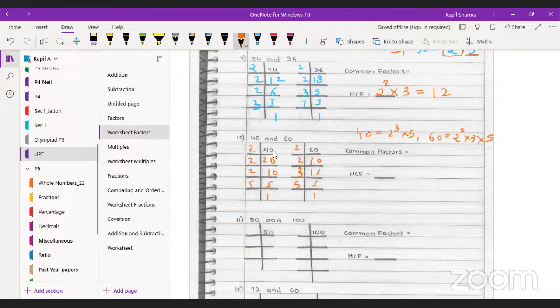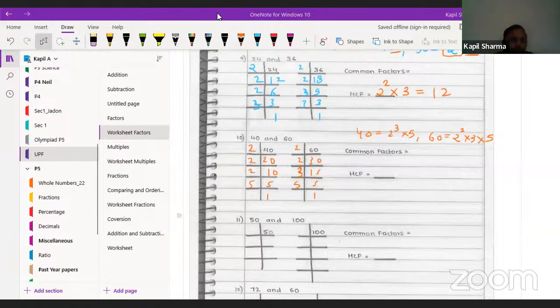So what's the HCF? Yes, Swastik, Devika. Four.